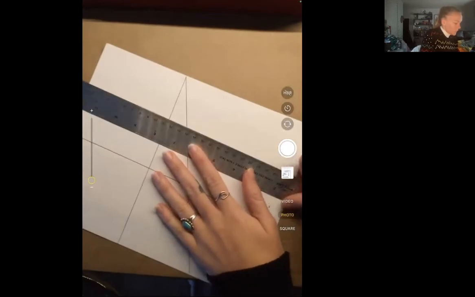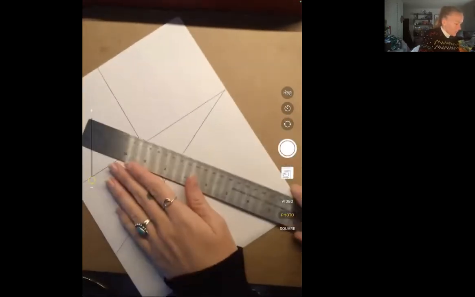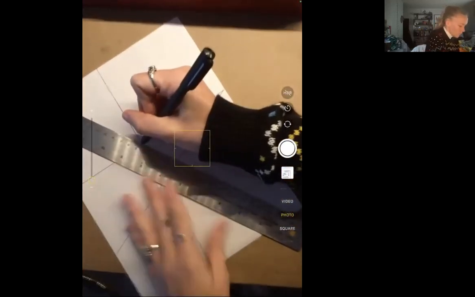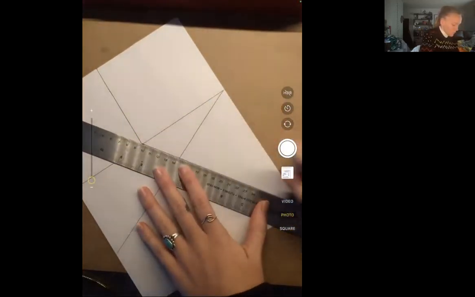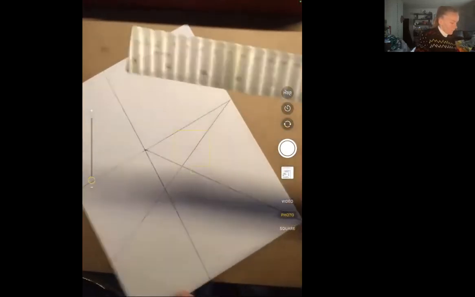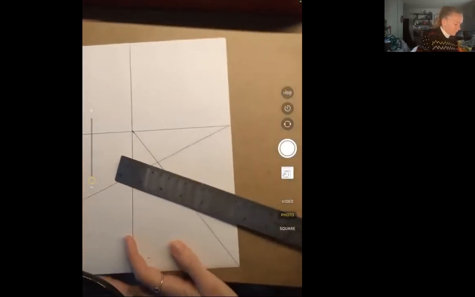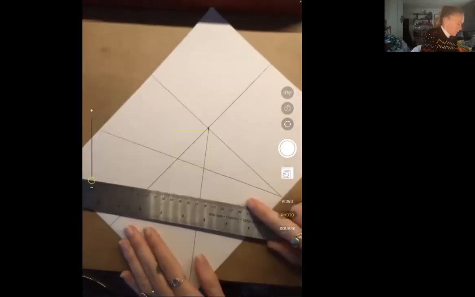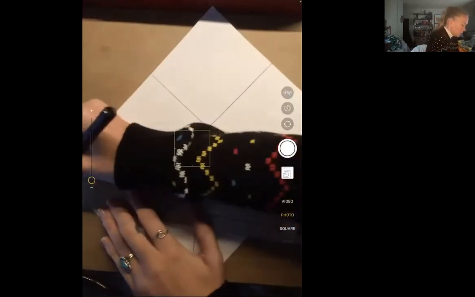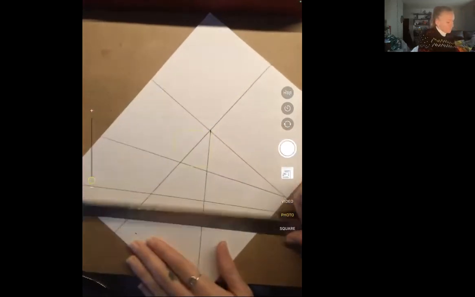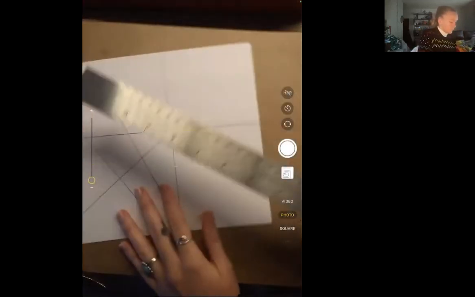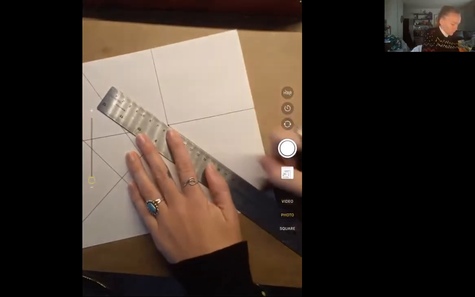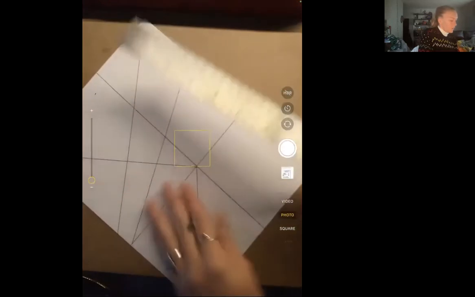As you do this, you might notice that you're seeing some triangles. I'm going to make another line right here. Another line.